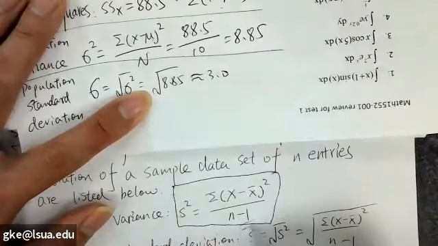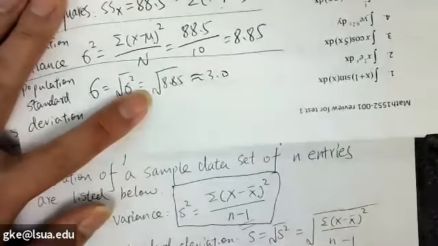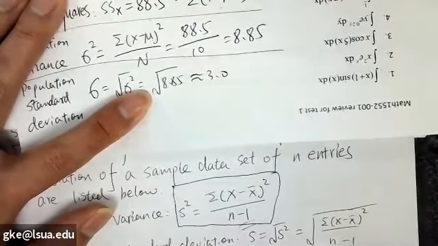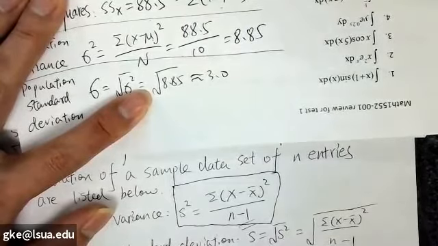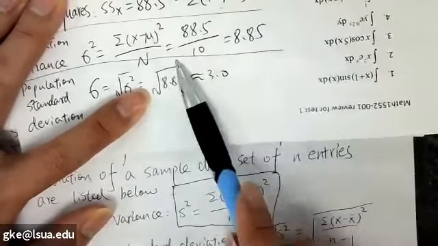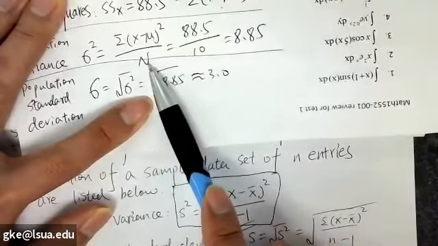A lot of students are going to forget the minus 1, so they just calculate divided by n, because they feel confused about the sample variance and the population variance. For the population variance, we just need to divide by the number of data sets.